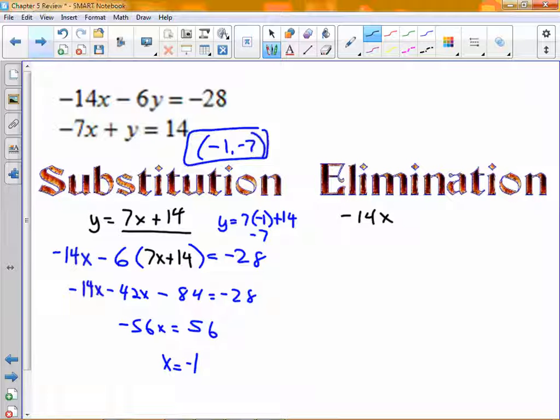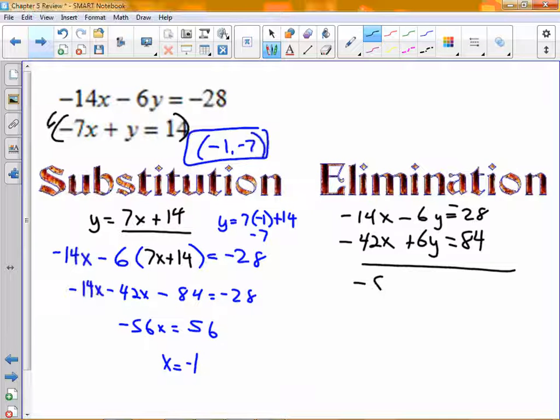So I take negative 14x minus 6y equals negative 28, and know that if I multiply this bottom equation by 6, that gives me negative 42x, positive 6y, and then 6 times 14 is 84. And so I add them, negative 56x equals 56. So again, x is negative 1, just like I got before.